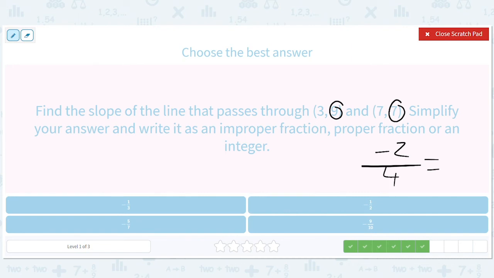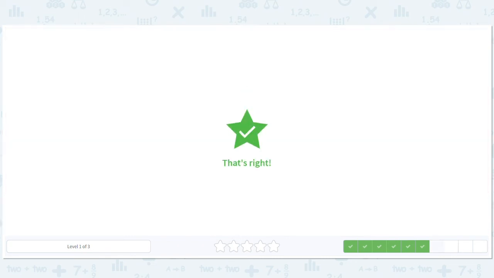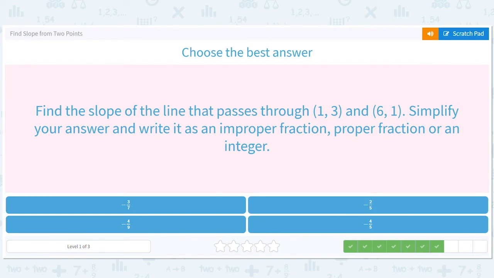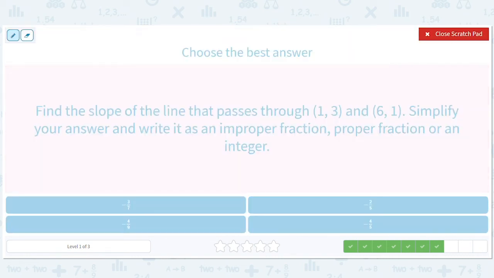So we end up with negative 1/2. All right, we have 1 minus 3 is negative 2. 6 minus 1 is 5. So we'll have negative 2/5.